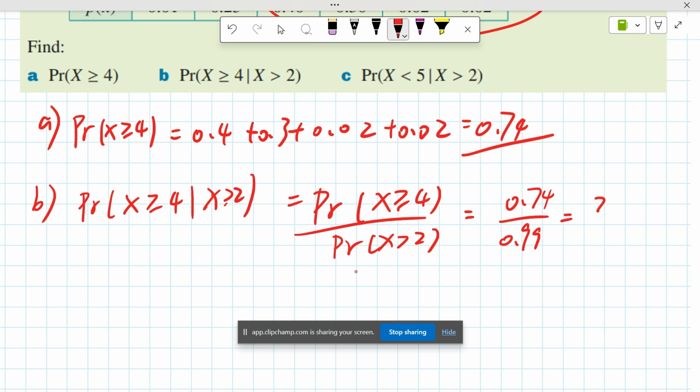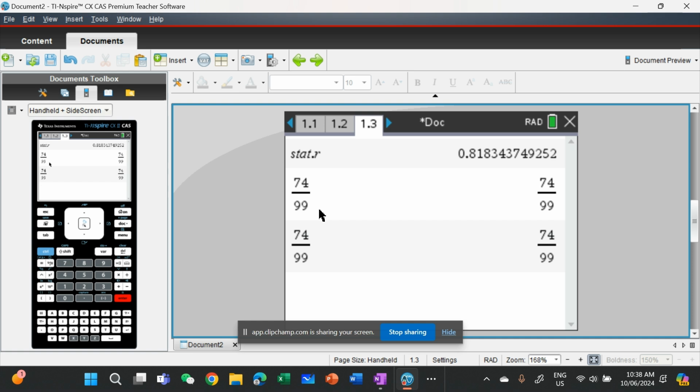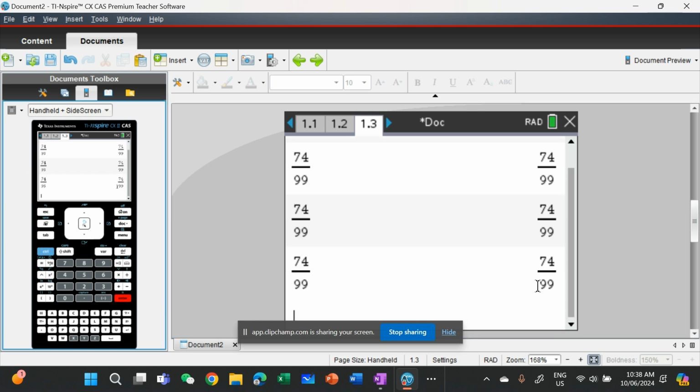Yeah, and then that equal to 74 over 99. Please copy the decimals. I forgot what's the decimals. Use the CAS calculator. Will be 74 divided by 99. So control enter.